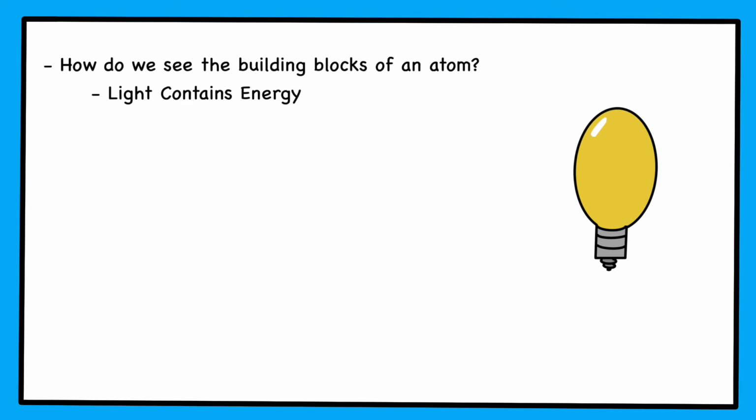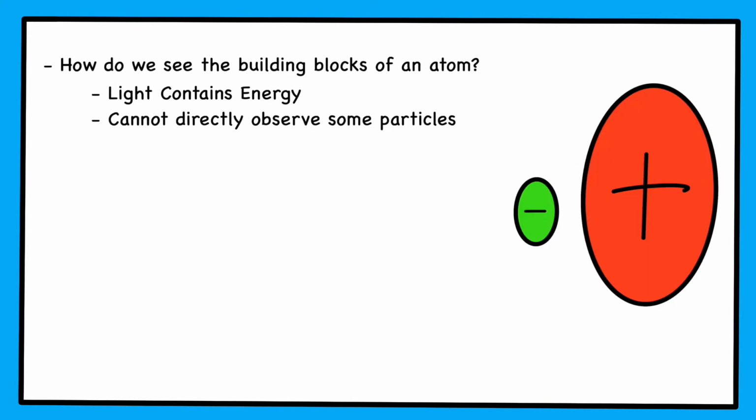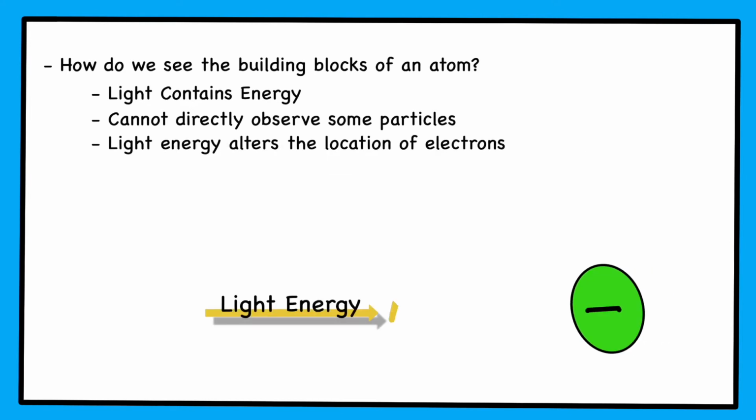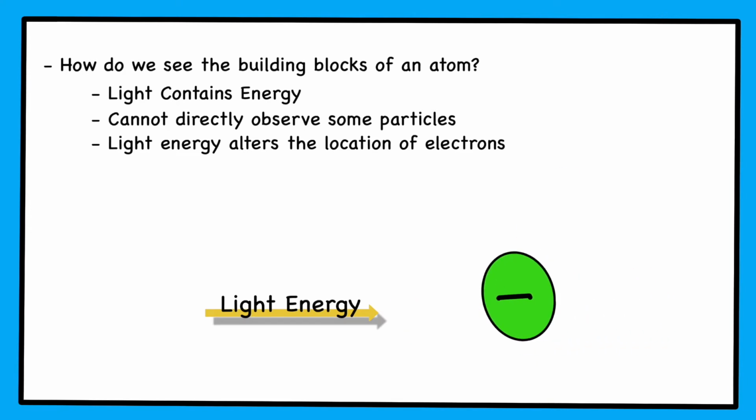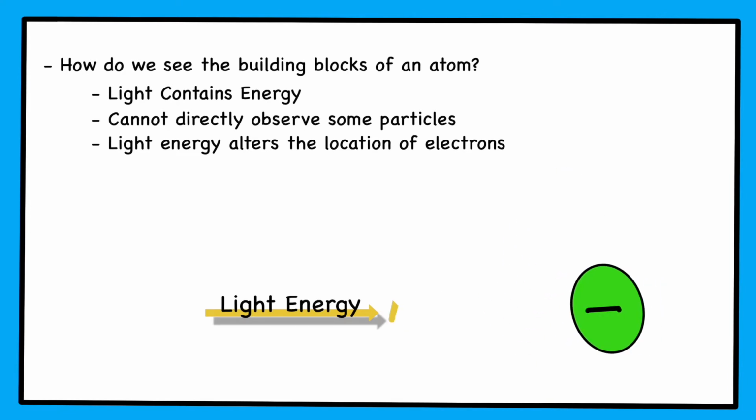Up till now, we have assumed that we can directly observe subatomic particles. The reality of this situation is that we cannot directly observe all subatomic particles. Electrons are significantly smaller than protons and neutrons, and for us to visually see them, we must have light. As we said earlier, light contains energy. And because of how small electrons are, that energy alters the pathway of the electron.